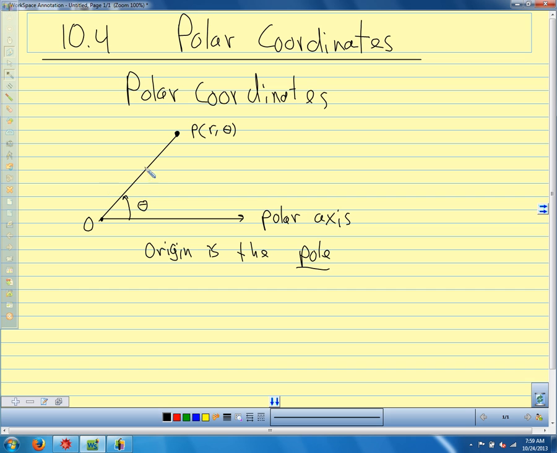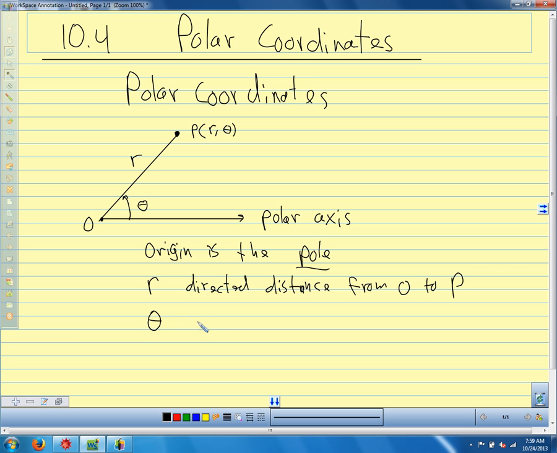And I'm going to put R here. R is the directed distance from our origin to our point. And what I mean by directed is we can have a positive or a negative. So the direction matters. And theta we measure counterclockwise.